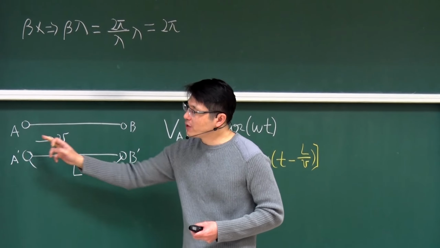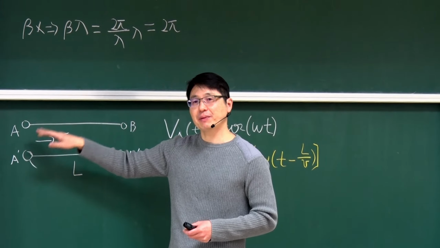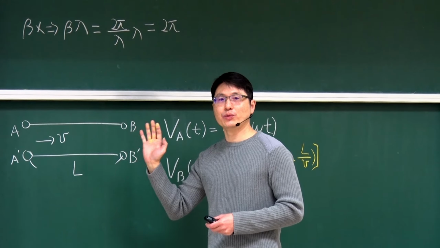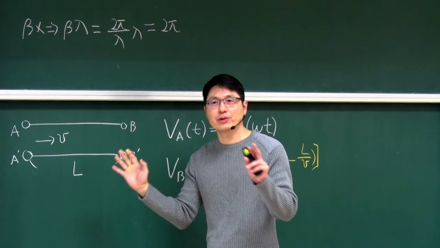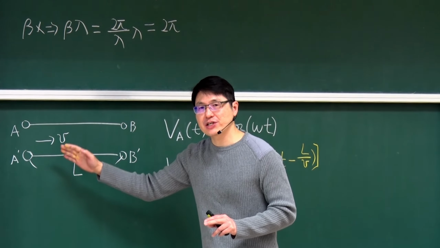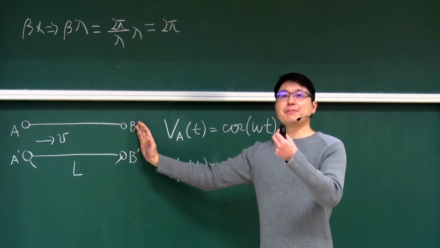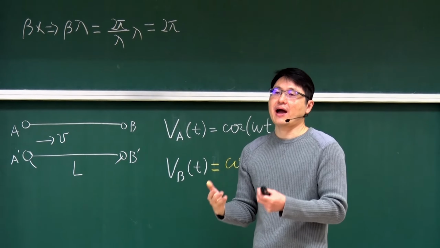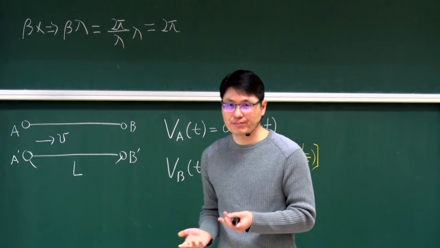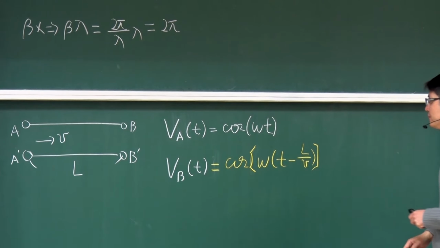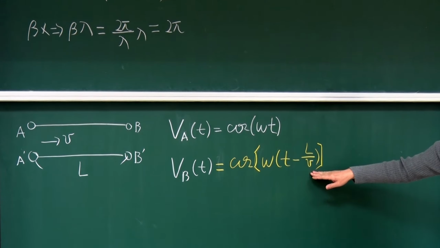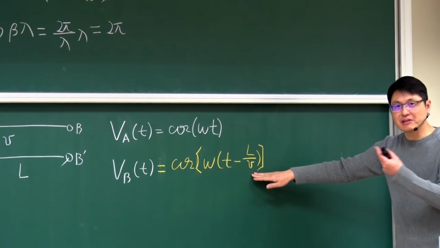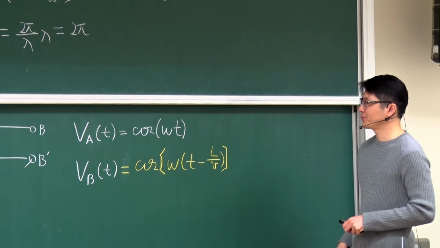If I know the voltage as a function of time at the input, and I promised you there's no loss, nothing going weird during the propagation, I should be receiving the same waveform at the output. Only you have to wait for a certain time, right? So that should be my output wave function in the form of voltage.